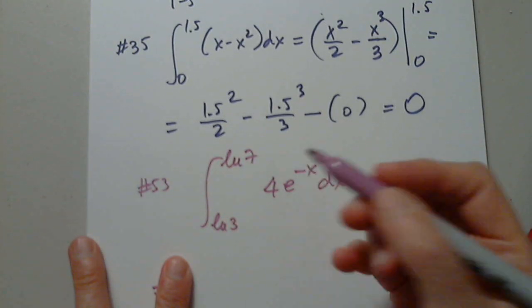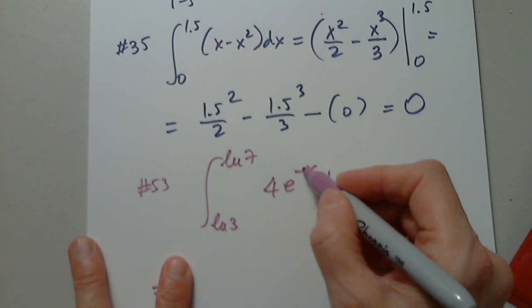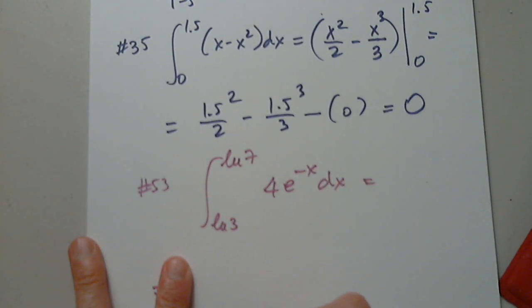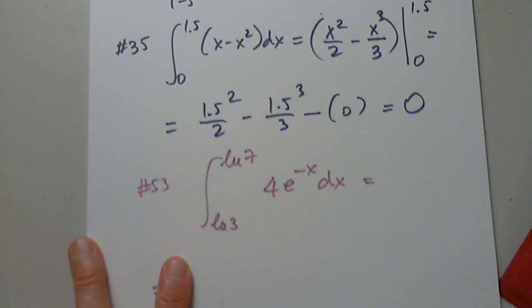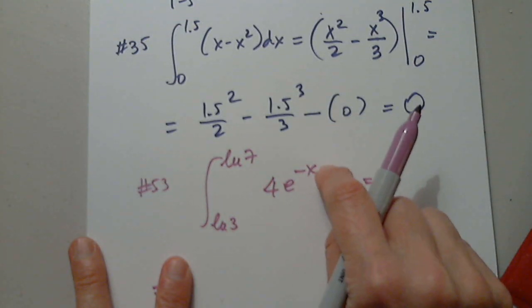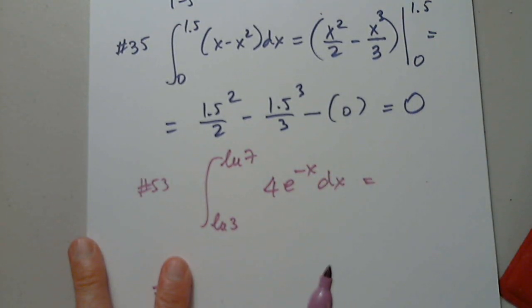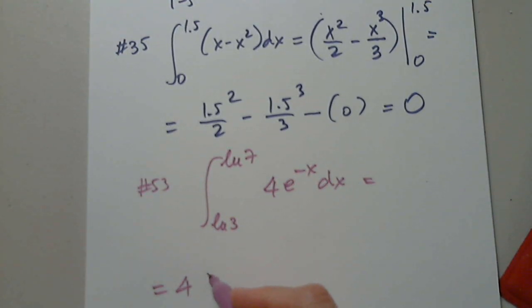So imagine or remember what we did with 2. If this were 2, we divided by 2. If this were 4, we divided by 4. But now it's negative 1. So what function prime is e to negative x? Is it negative e?